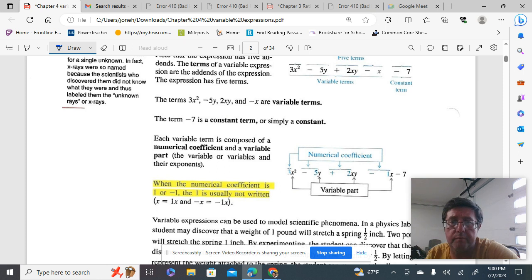Okay, so now the terms 3x squared, minus 5y, 2xy, and negative or minus x are variable terms. So they're still discussing this problem up here.